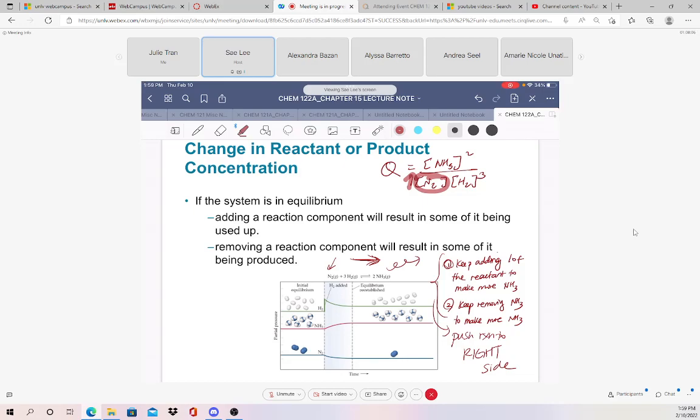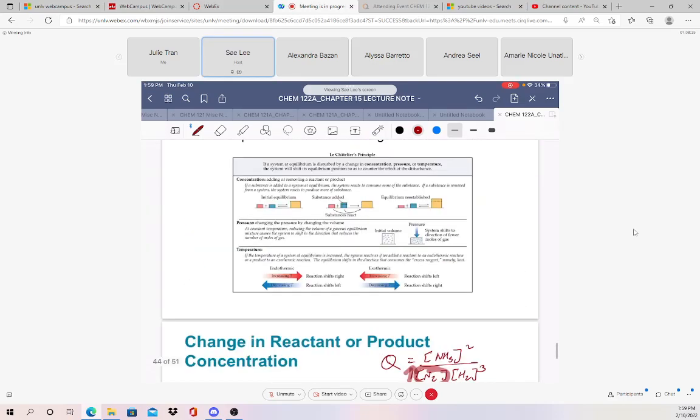Is Q going to be larger or smaller? If you increase this, Q is going to be smaller than K. So what did we observe here?